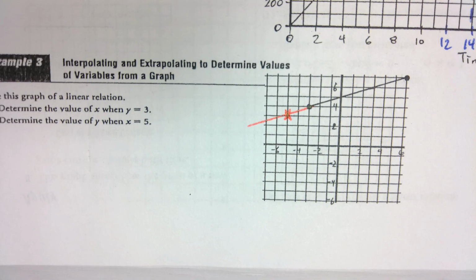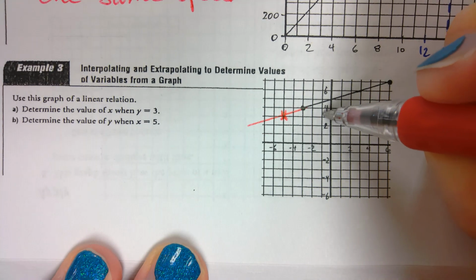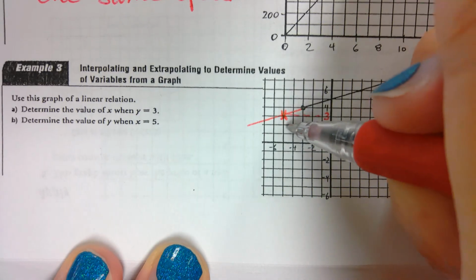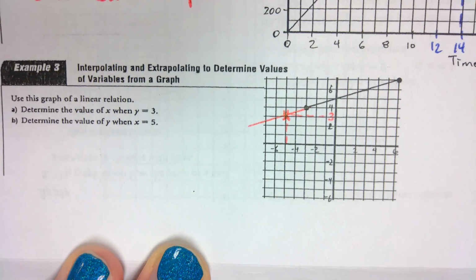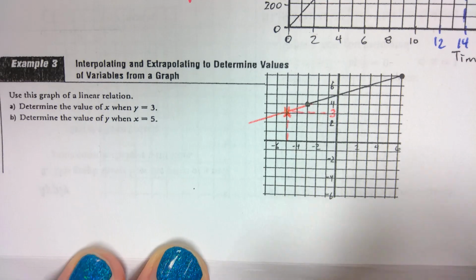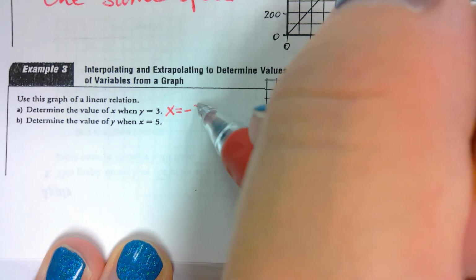Shakai, what's my x value right here at this point? Okay, so when y is 3, which means right here, I go over to my extended line and then I go down. The x value is -5. Excellent.